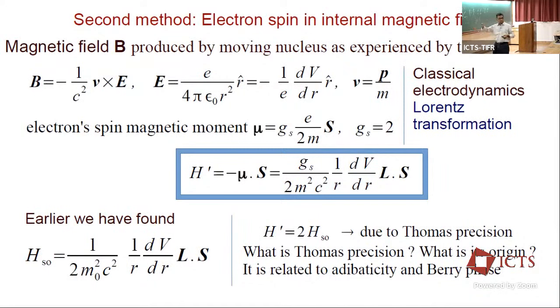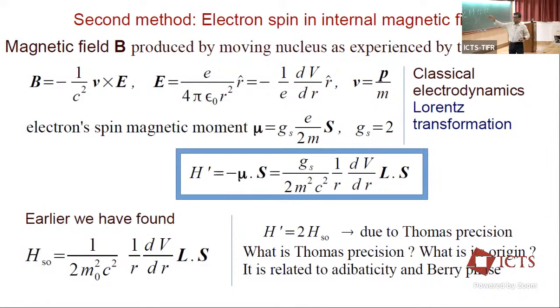And that Thomas precession correction term can be calculated. Okay. And so what is Thomas precession? What is its origin? It is related to adiabaticity and Berry phase. So adiabaticity: if you consider the orbital motion of the electron as slow motion, slow variables in comparison to the spin motion, because spin is the intrinsic angular momentum in the rest frame, but it is oscillating in its rest frame with relativistic energy.